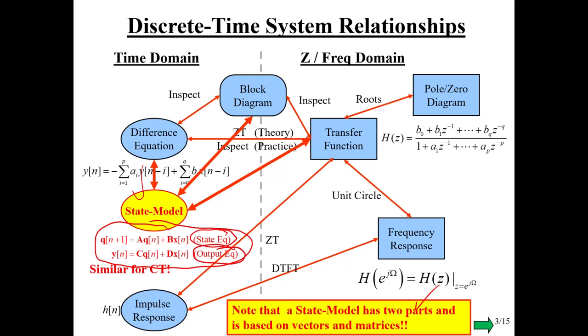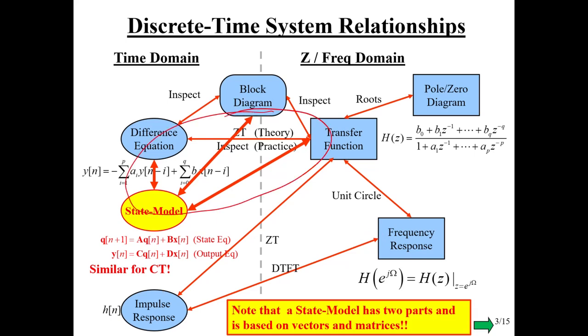And we can see that although one could go from impulse response to state equation, or maybe frequency response to state equation, that's not the common way to do it. It's more organically linked to difference equation, transfer function, and block diagram. In fact, as we go through this set of notes, we'll really see that the block diagram and the state model are linked together very, very nicely.